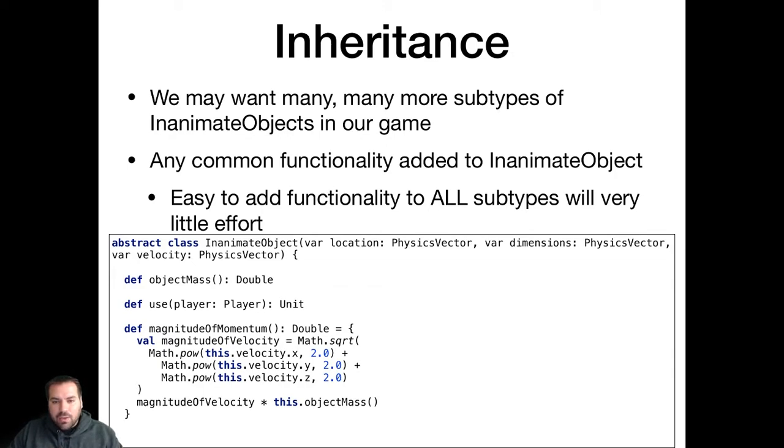If we want health potions to have a different implementation of magnitude of momentum, we could use override still and change the inherited behavior. Override this behavior, which is where the keyword comes from, with our own definition of that method for one particular subclass. We can do that also, which we'll do on Wednesday.